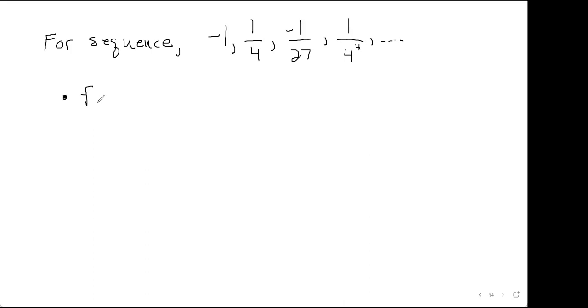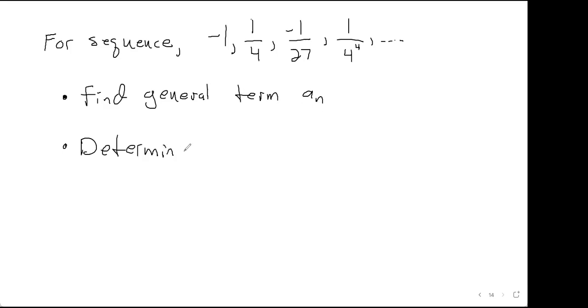There could be something like, find the general term an, then maybe determine if an converges or diverges, either one.